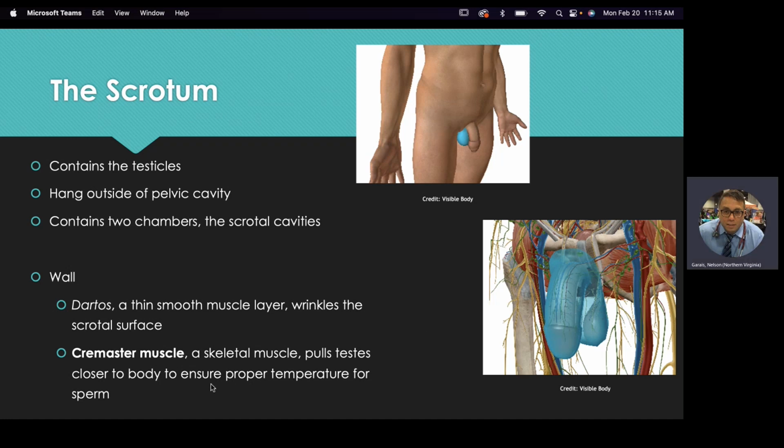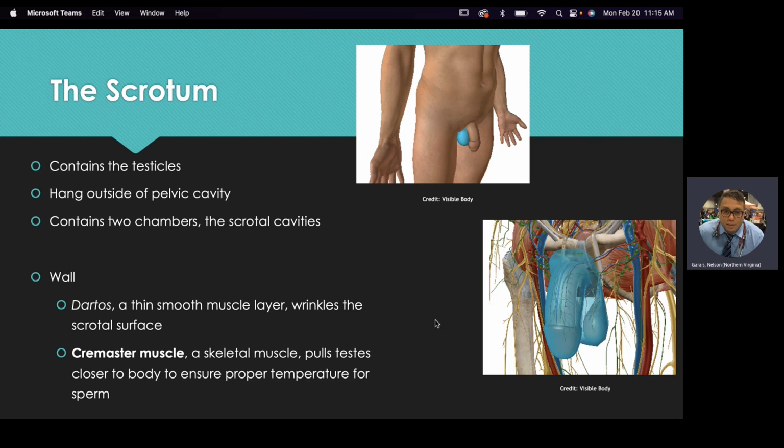This sac, or the scrotum, is connected to your dartos muscle and your cremaster muscle, which are smooth muscles that will raise up the scrotum and its contents when the scrotum senses that its environment is too cold. Or if the environment's too hot, the dartos and cremaster muscles will relax, and then the scrotum will lower down so it cools itself off.